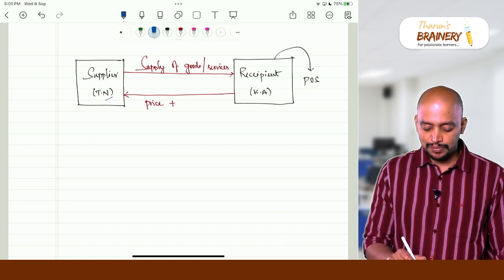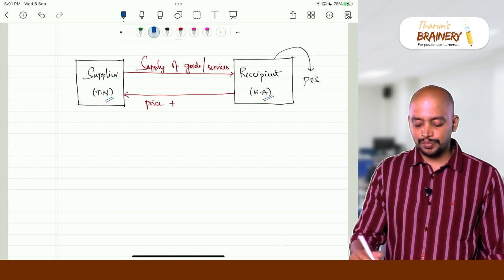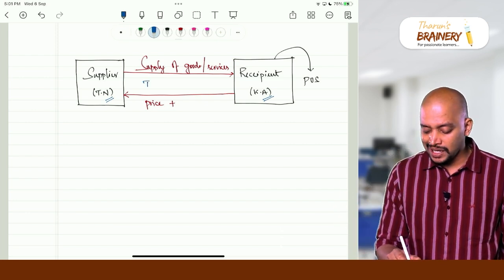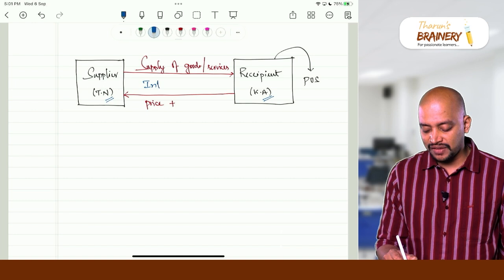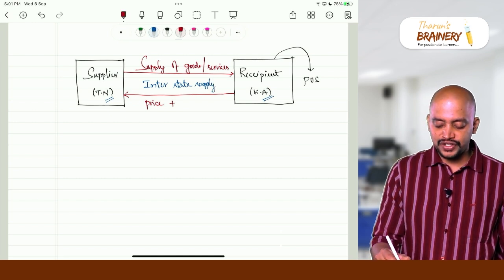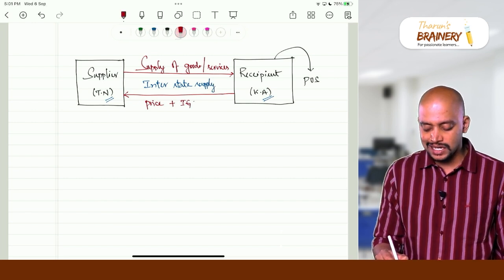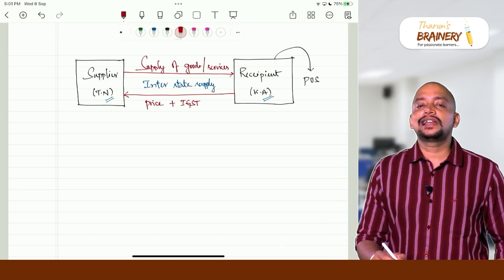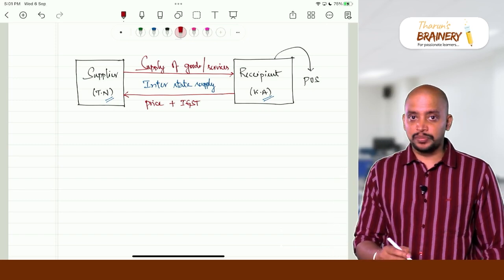If the location of supplier and place of supply are in two different states, then the type of supply will be interstate supply, and the type of GST will be IGST. Okay. Now this IGST is collected by the supplier from the recipient.